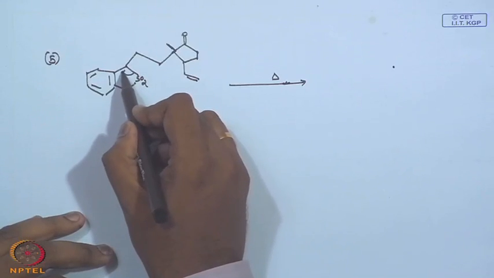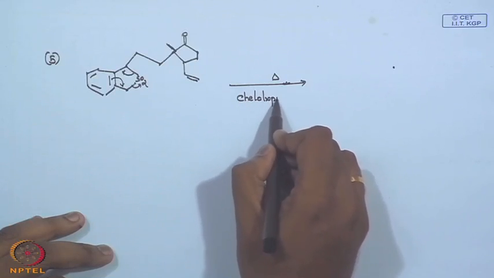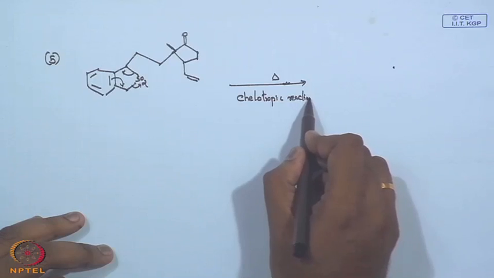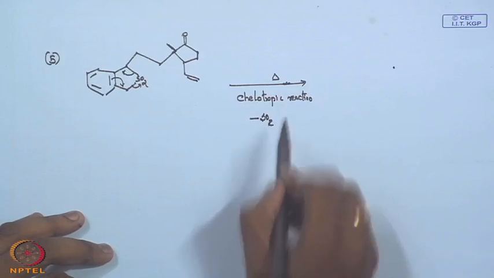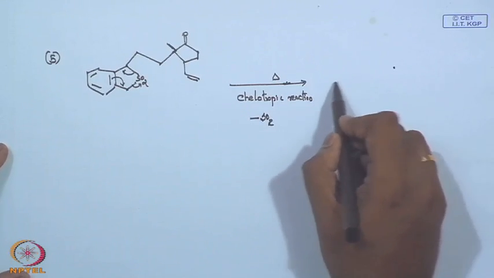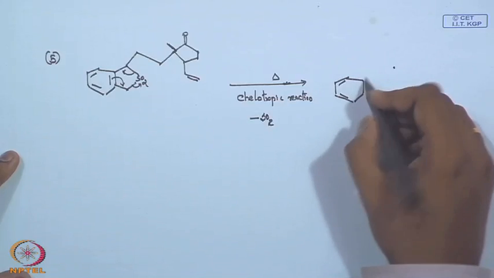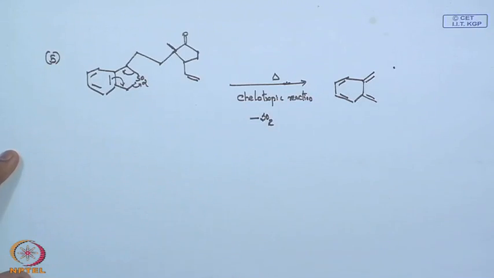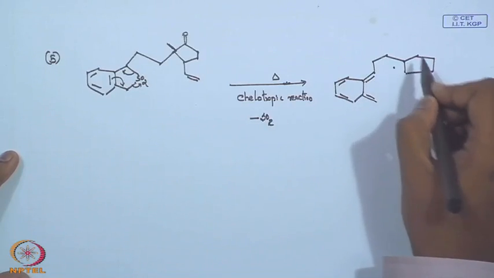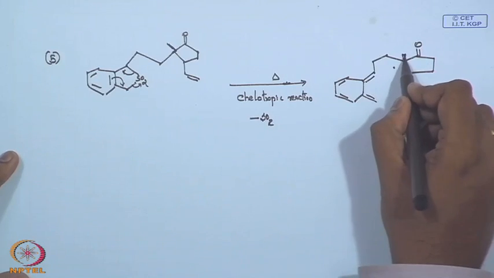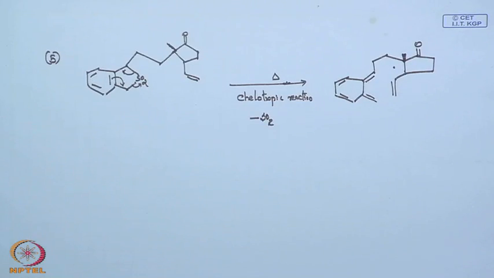You know pretty well that it undergoes a nice chelotropic reaction with an extrusion of your sulfur dioxide. So you get a diene adduct. See, this type of reactions you should know. My methyl, this methyl one, and then again the same.